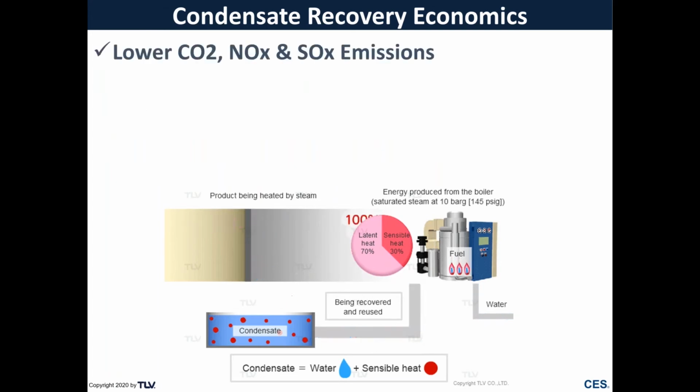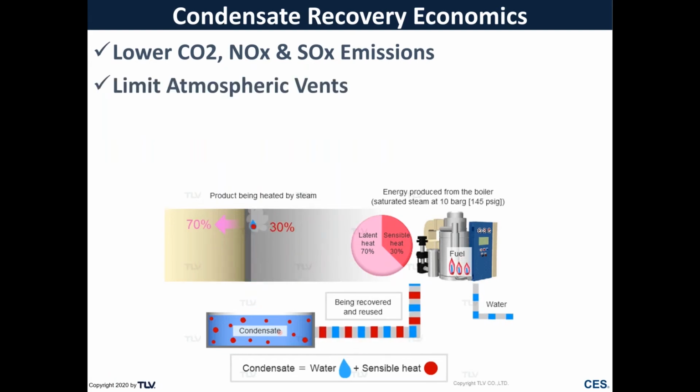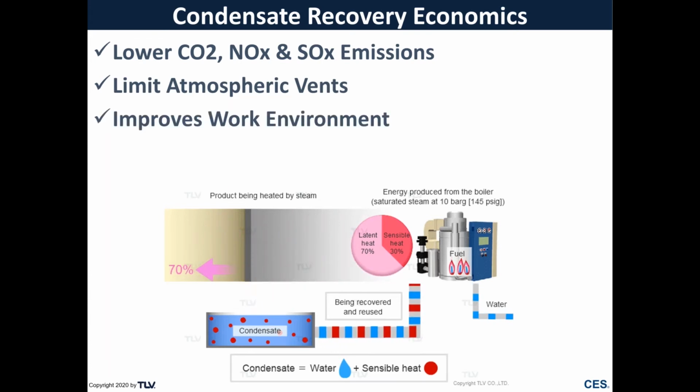Other benefits include lowering our CO2 and other emissions because we're burning less fuel. We're also limiting atmospheric steam vents, which can be an eyesore to a lot of people. And we're able to improve the work environment for those who are working in our plant.